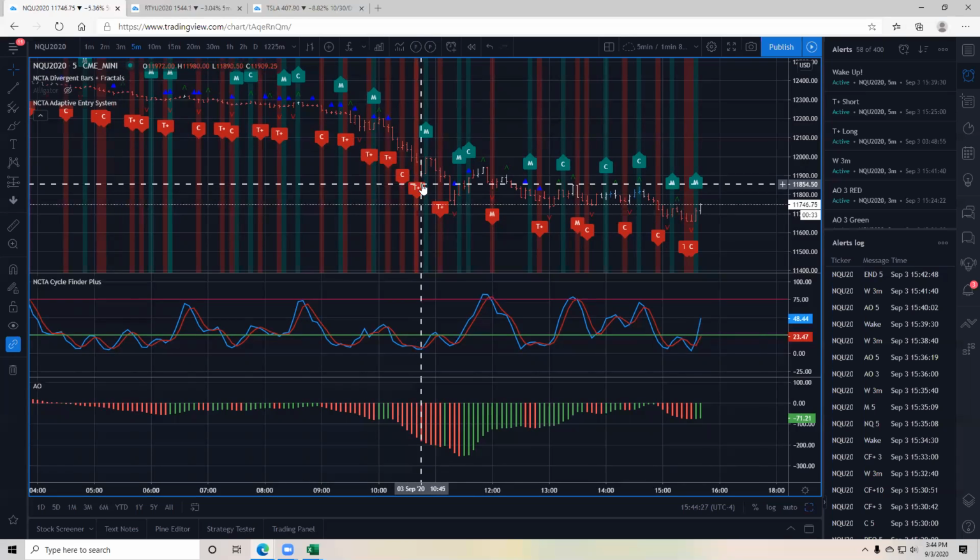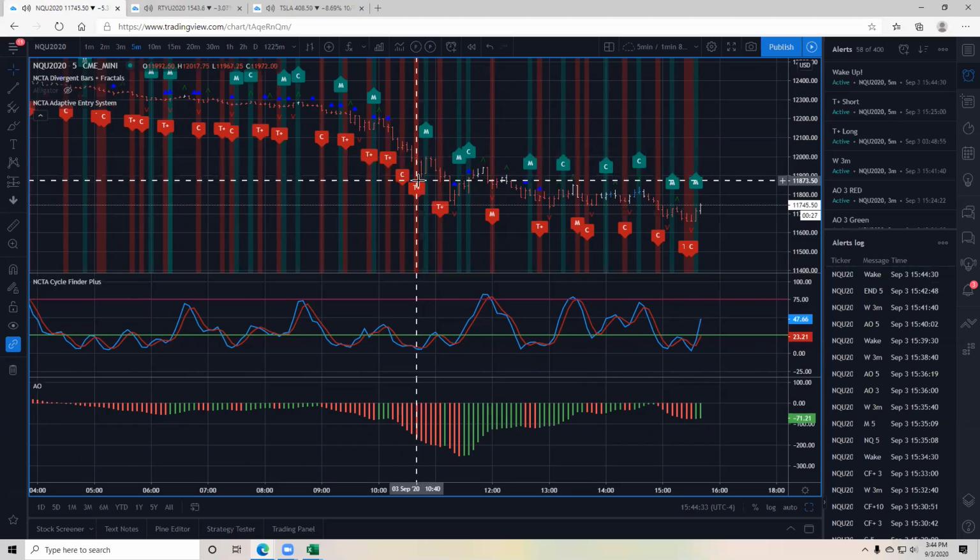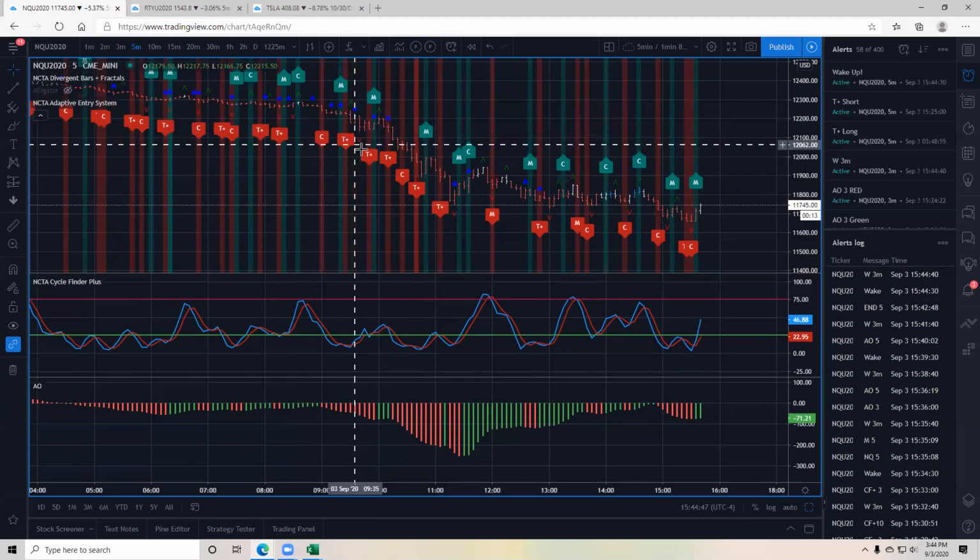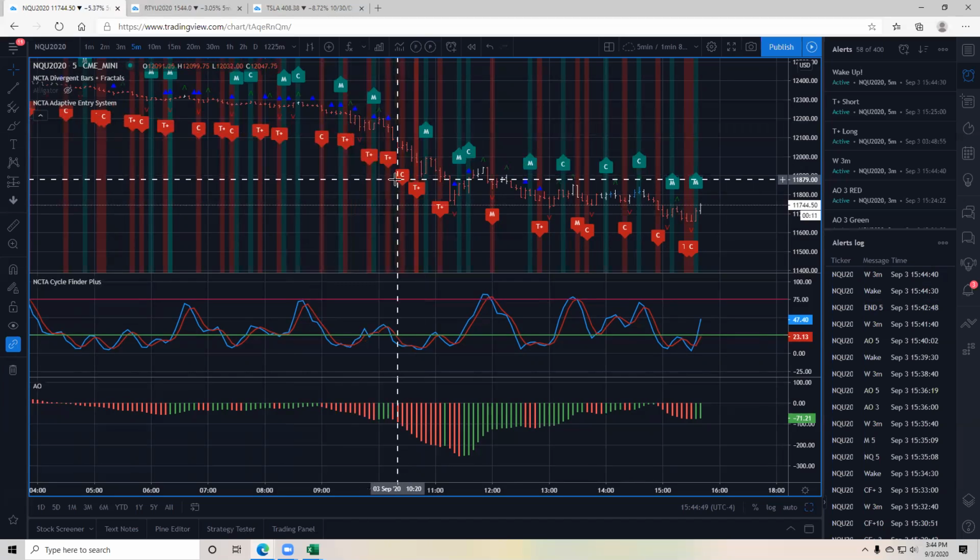So we've had individual 5-minute bars that have been huge today. This one in particular, I just happened to randomly select: 10:45 this morning, the low of that bar was 11,890, and the high was 11,980. It's a 90-point bar. So when you're in this type of environment, you want to tread cautiously.